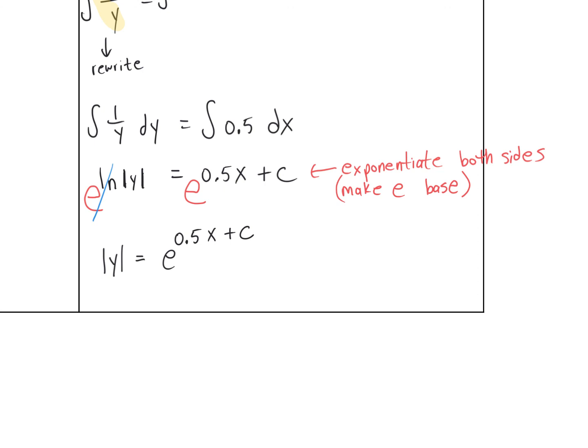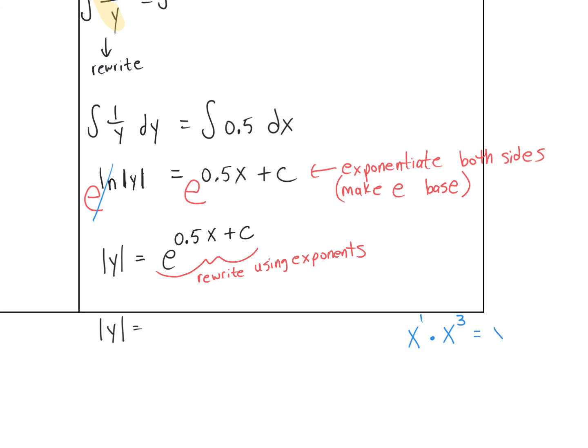So what we're going to do is leave the left-hand side alone, but I'm going to rewrite this side, and I'm going to use exponents. Let me explain that. Let's go off to the side and review exponents. Remember, when you're multiplying two exponents that have the same base, you add.